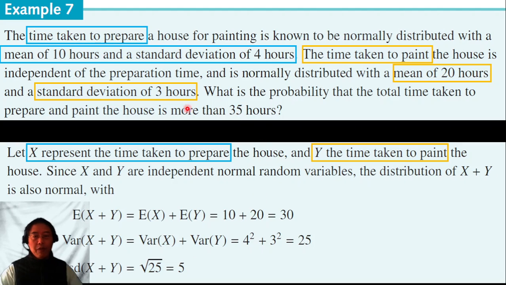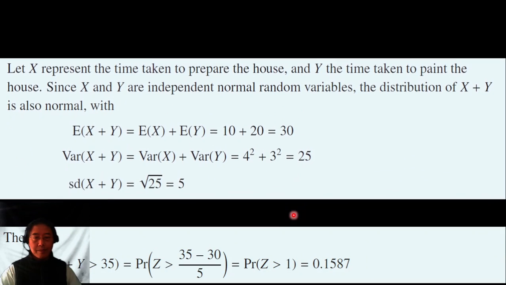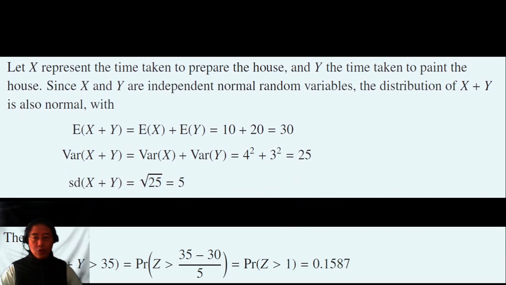Alright, now we want to find the probability that it is more than 35 hours. You write the probability as it is. We'll see that a bit in Methods.